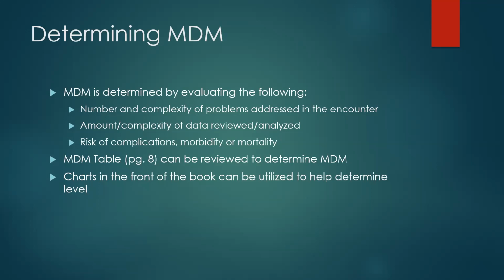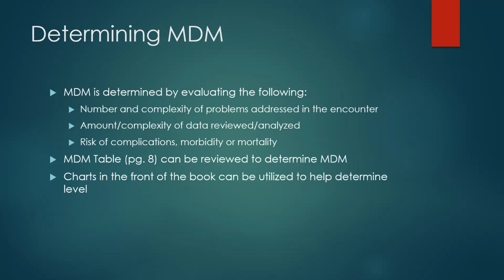Another part of figuring out MDM is the amount and complexity of the data that's going to be reviewed or analyzed. Data can be anything from test results to patient history to interpretation by other doctors, other guidance that we've gotten. There's all kinds of different types of data that we can look at. And so if there's very, very little data, we don't need to run a test.